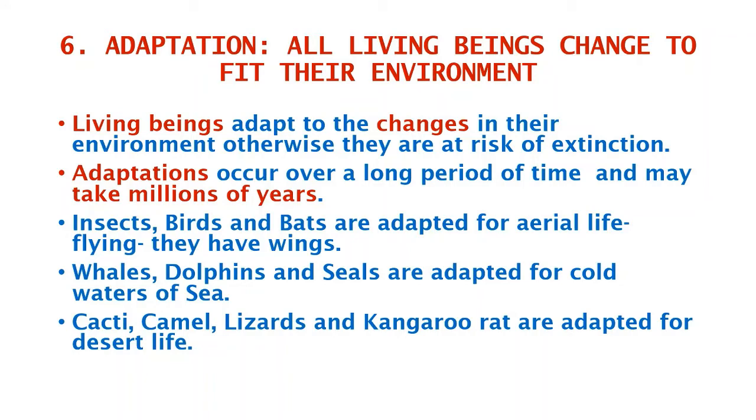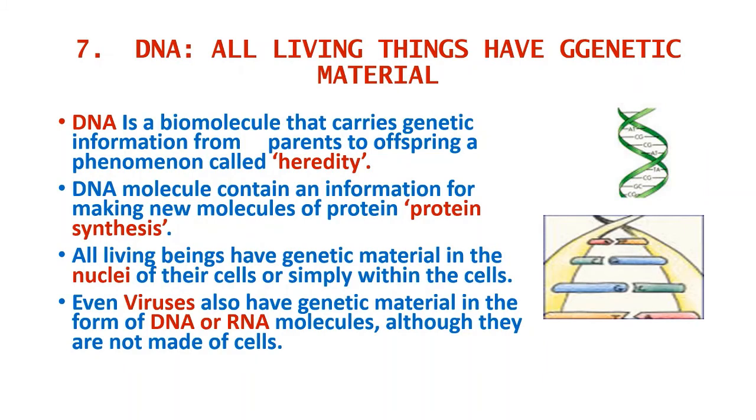They have a very thick covering of fat on their body, so they can protect their body heat. Cacti, camel, lizards, kangaroo rat live in deserts where there is scarcity of water, so they are adapted for living in such conditions called xeric conditions.